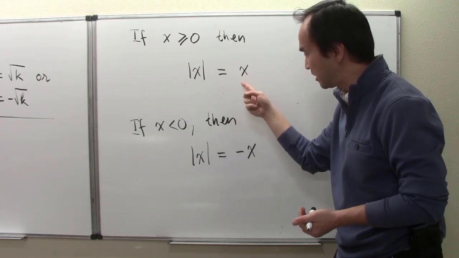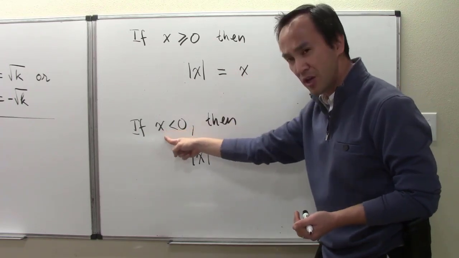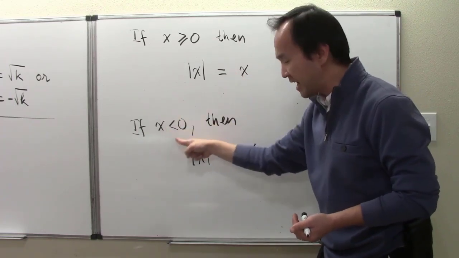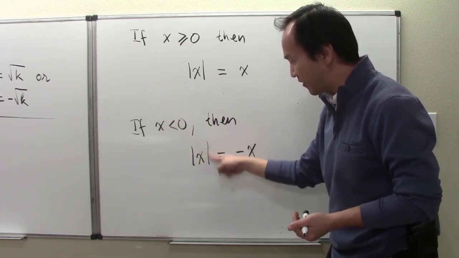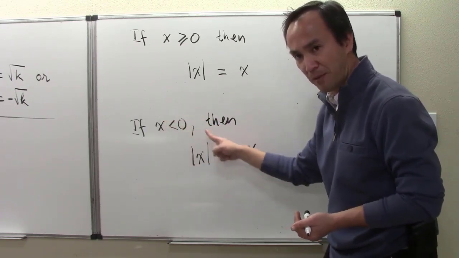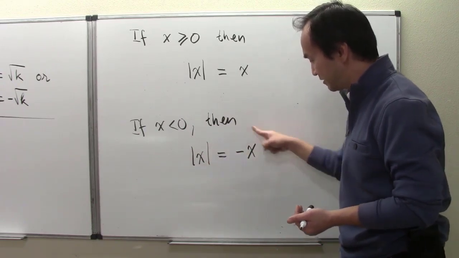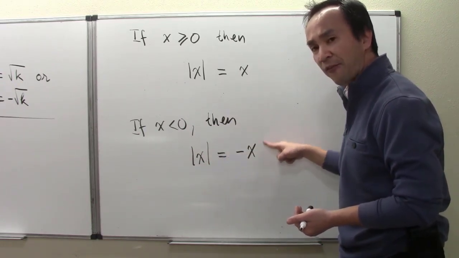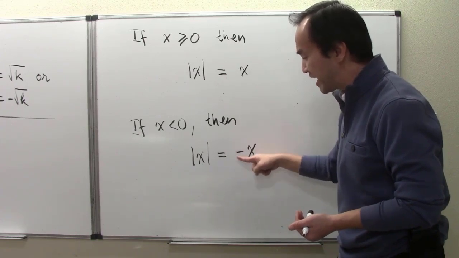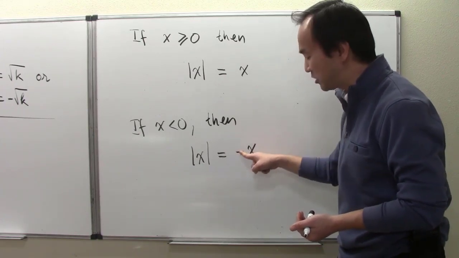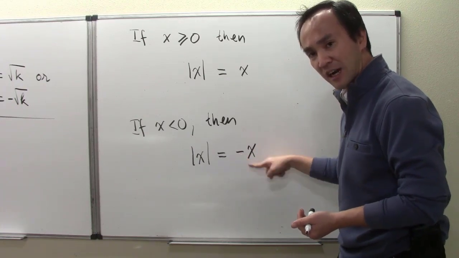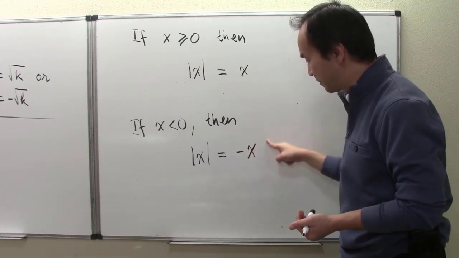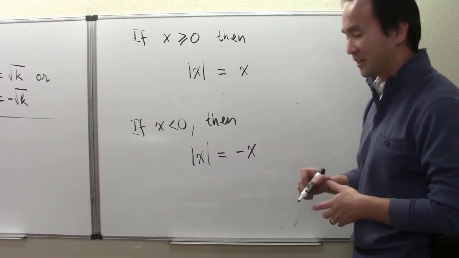There's no need to put the negative sign. But if the value of the unknown is a negative value, then taking the absolute value of x, we purposely force that to become positive. But in reality, forcing a negative value to become positive means we put a negative sign in front. So the negative, or the opposite, of the negative value will make it positive.